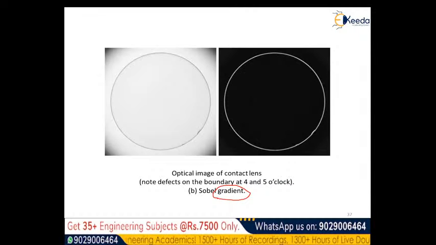Gradient is the first order differential operation on the input intensity. So it cannot be judged well in the input image, but when we get the Sobel gradient, these two bends we can better judge. So we can have a quick judgment of whatever is not uniform in the image.